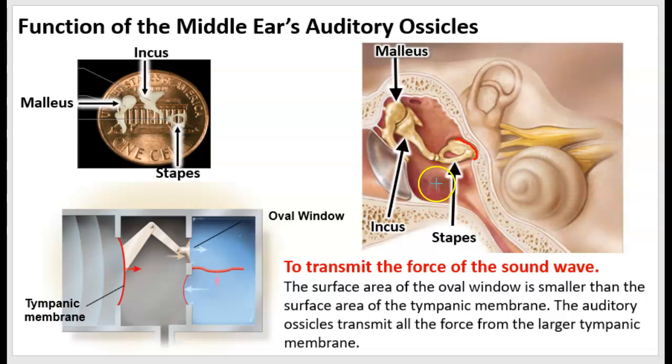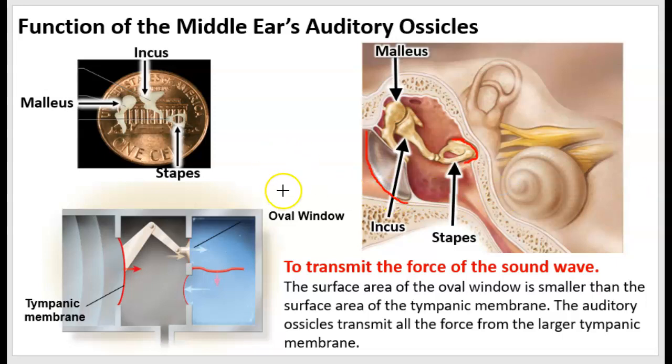Now, if a sound wave traveled directly to that oval window and we didn't have this tympanic membrane and we didn't have the auditory ossicles, that oval window's surface area would be so small that I don't know if it would collect enough force to cause the inner ear fluid to move.